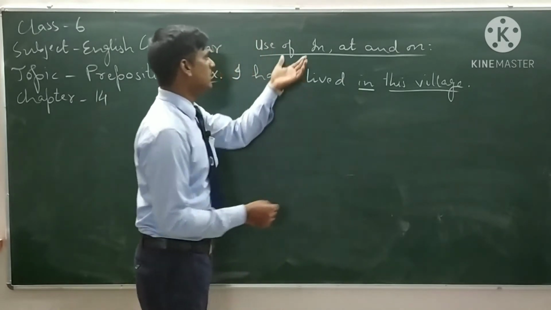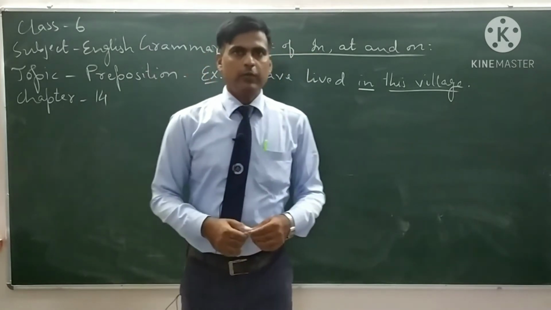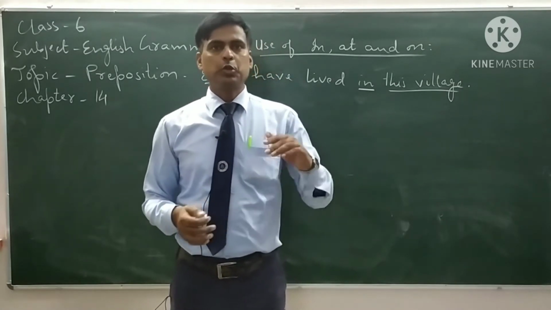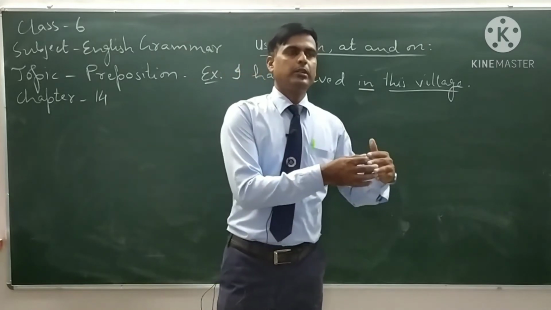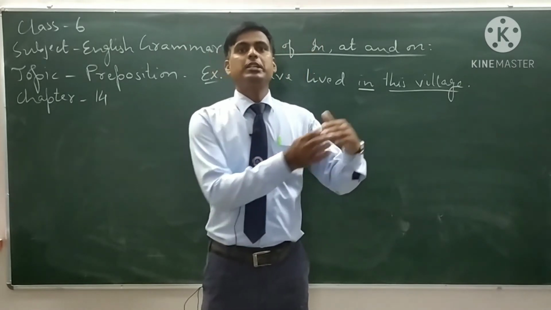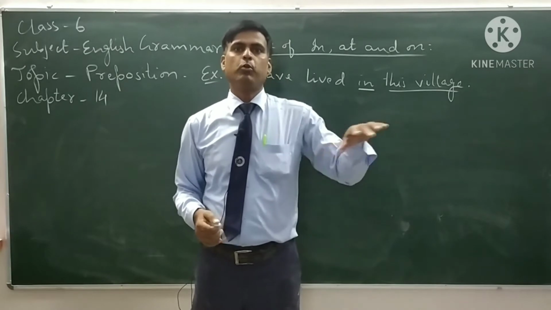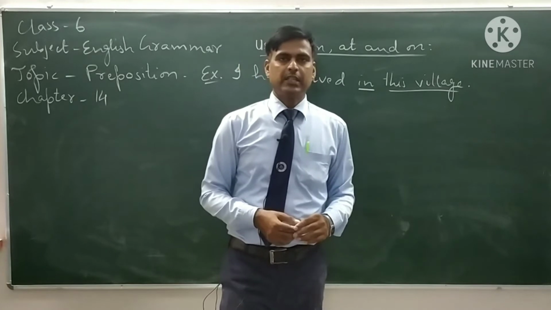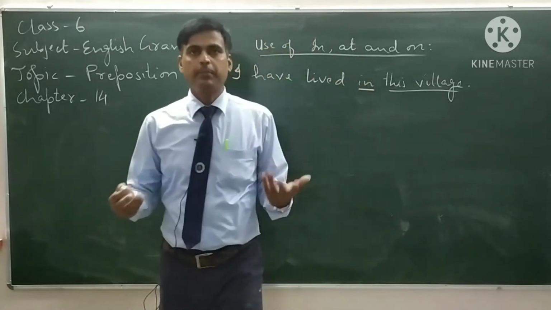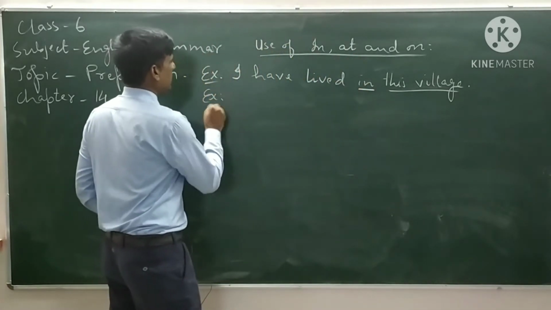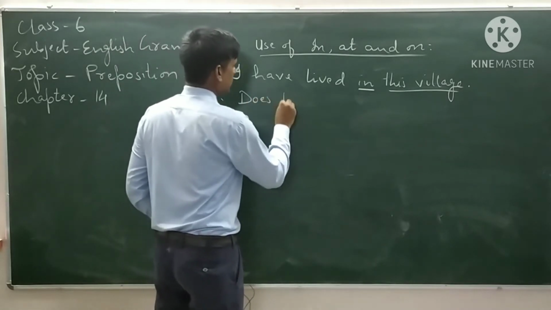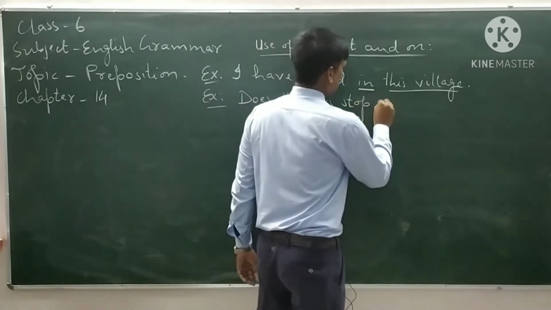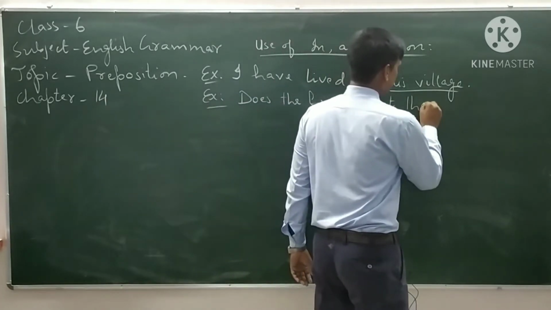Now come to the second one, at. We use at for cities, towns or villages to show a point of a journey. For example, does the bus stop at that village?